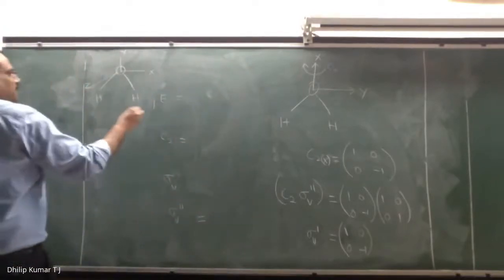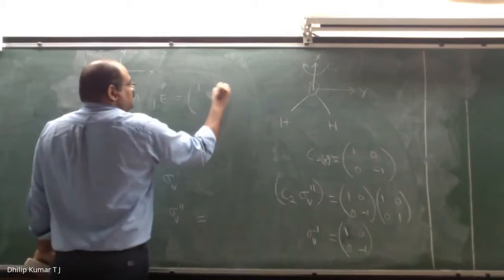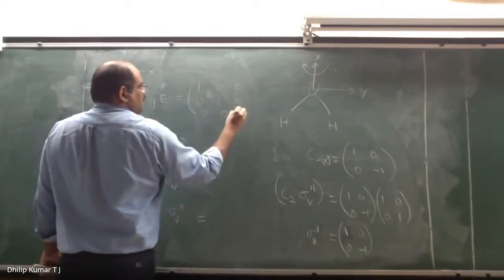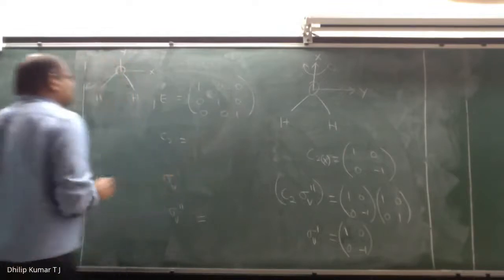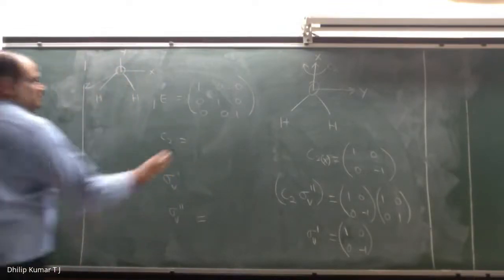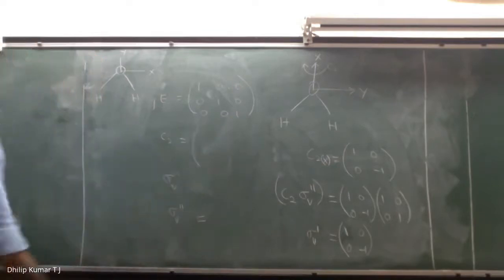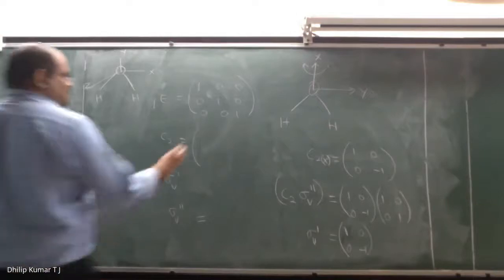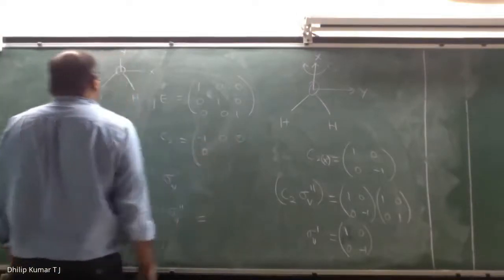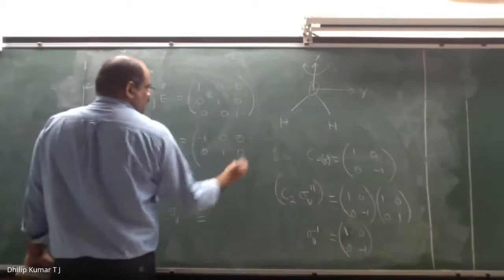So if you do that, this is going to be 1, 0, 0, 0. If you perform C2, what happens? The x will become minus x, and y is going to remain the same.